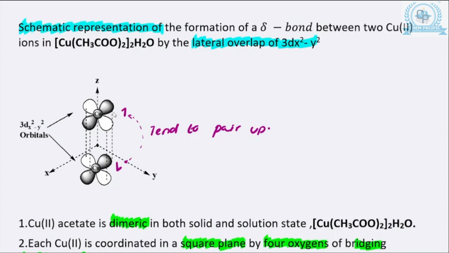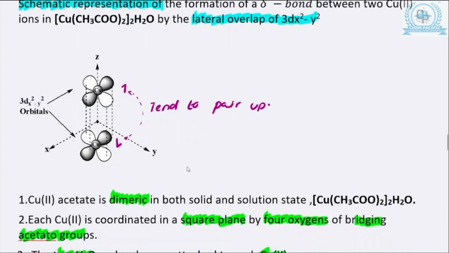Otherwise, इसे क्या होना चाहिए था? अगर 2 unpaired electrons होना चाहिए तो magnetic moment काफी ज़्यादा होना चाहिए था. उसके हिसाब से जो magnetic moment होना चाहिए था, experimental value suggest कर रहा है कि यहाँ पे काफी कम हो रहा है. मतलब यहाँ पे pairing of the unpaired electrons which are present in the dx² minus y² is actually taking place. So I hope this is clear to all of you and this is very interesting as well.